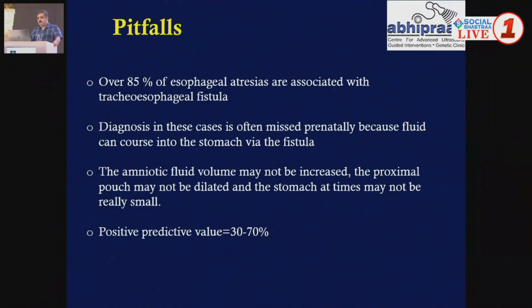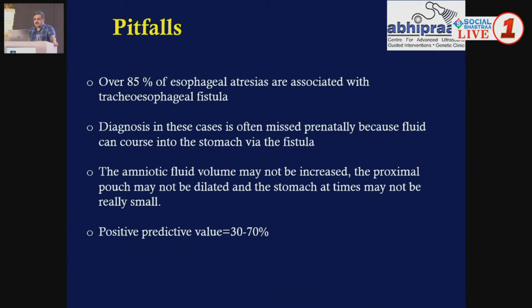So the stomach may not always be absent. There could be some amount of fluid which is seeping from the trachea into the stomach through the distal communication, and therefore this is something that is tricky, and the upper esophageal pouch may not always be seen.